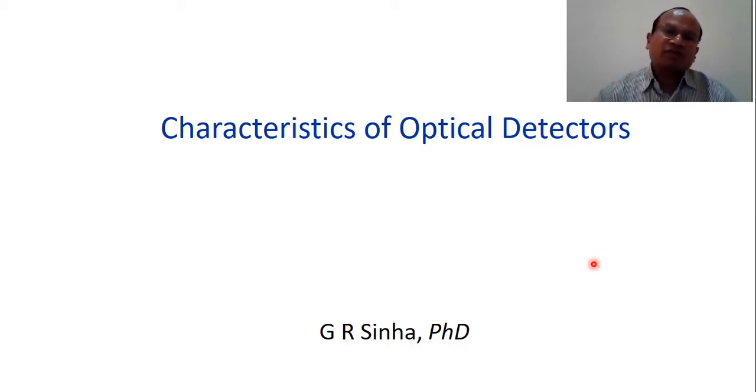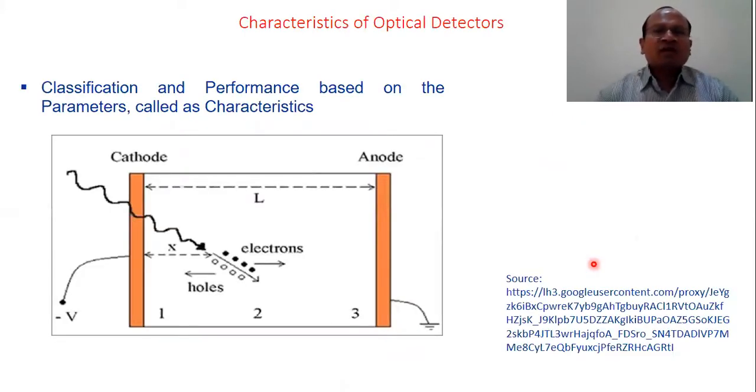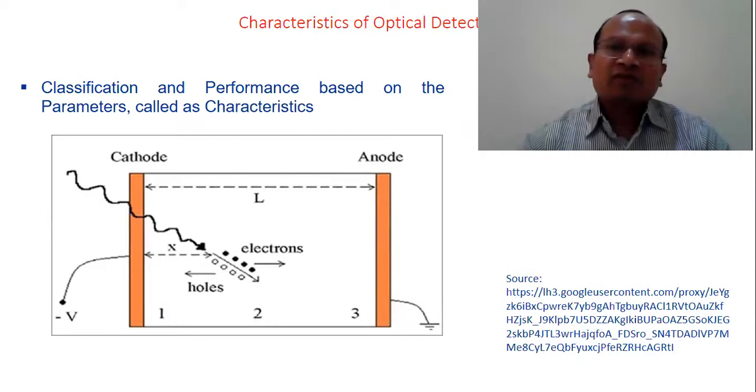Those attributes which are responsible for determining quality as well as classification of optical detectors are called characteristics of optical detectors.